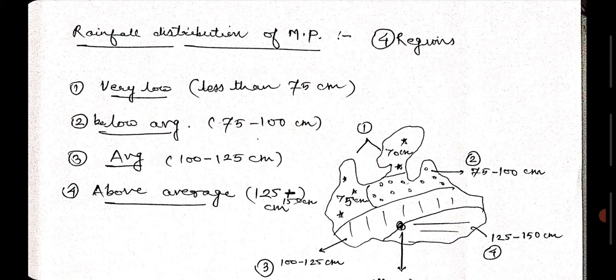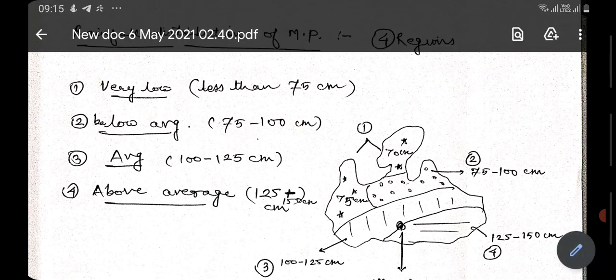This is Riva Panna Plateau and Narmada Son Valley, etc. And then 125 to 150 centimeter is south southeast part, more than 125 centimeter.